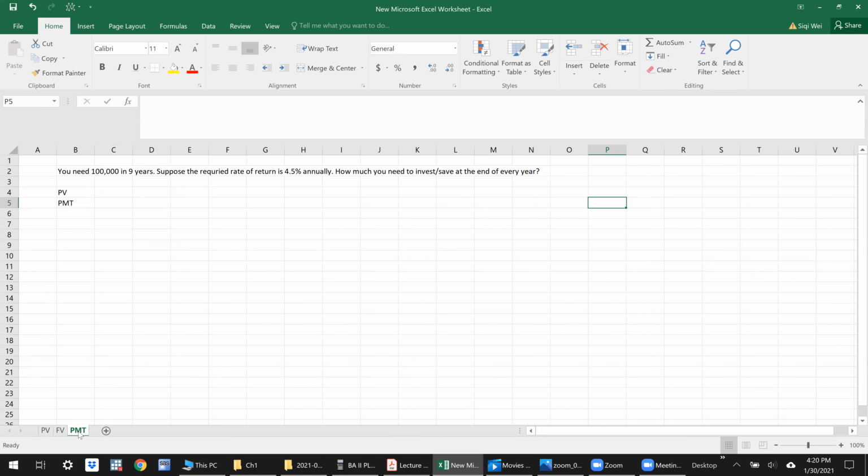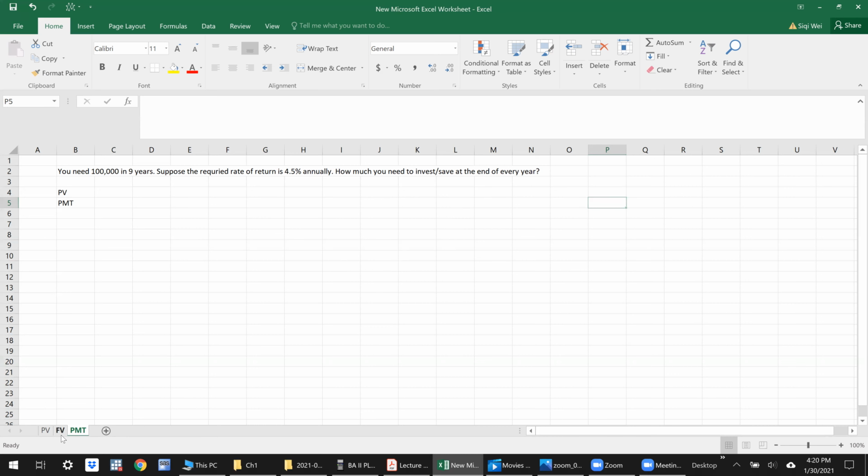Let's take a look at an annuity example real quick. By annuity, I mean every single year there is a cash flow incurred. So in a numerical example like this, suppose you need $100,000 in 9 years, same as the last scenario, and the required rate of return is 4.5% on the annual basis. How much do you need to invest or save at the end of every year? Okay, so notice that the wording is kind of different.